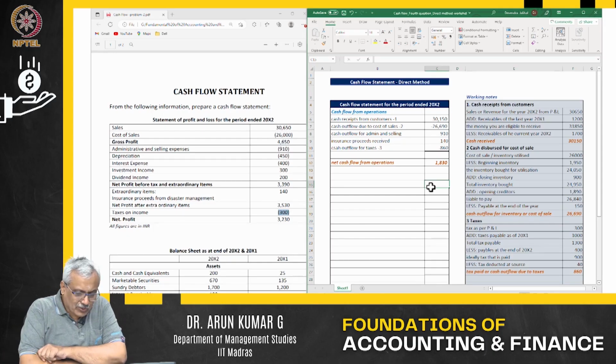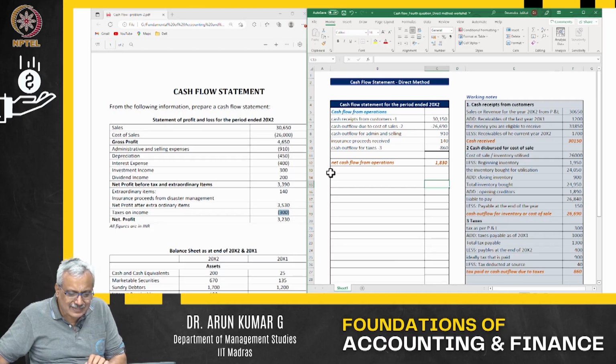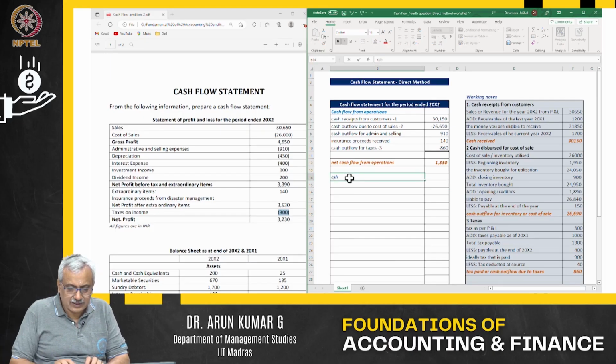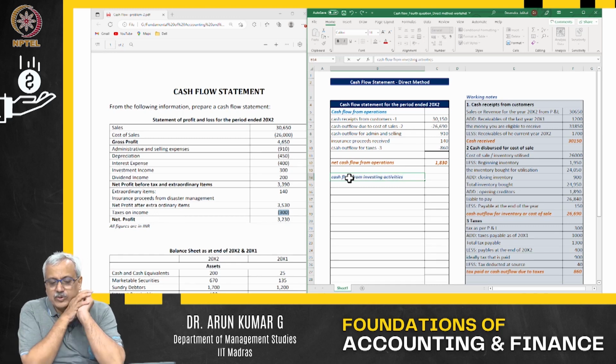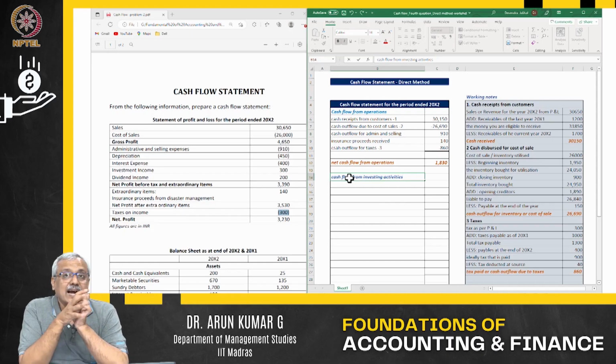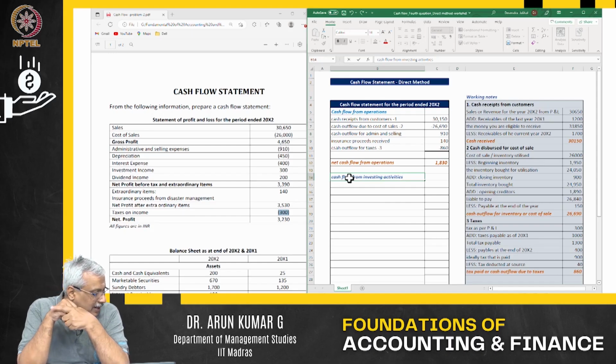Next, we move to cash flow from investing activities.